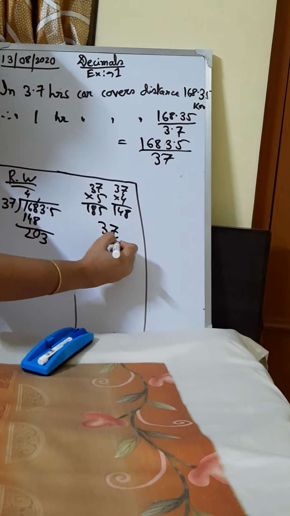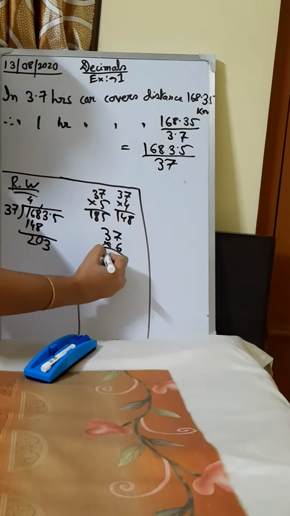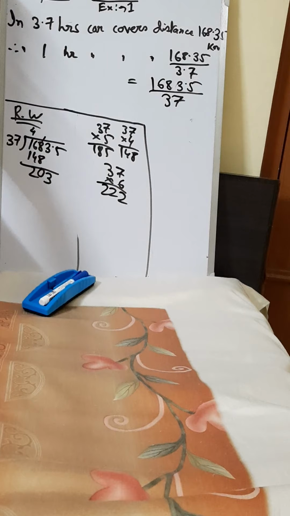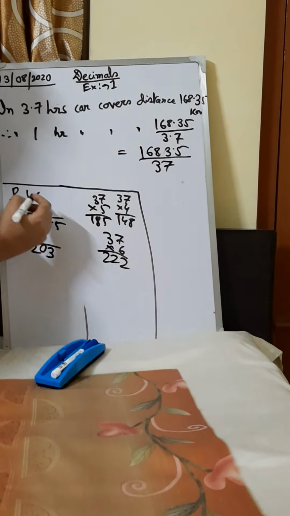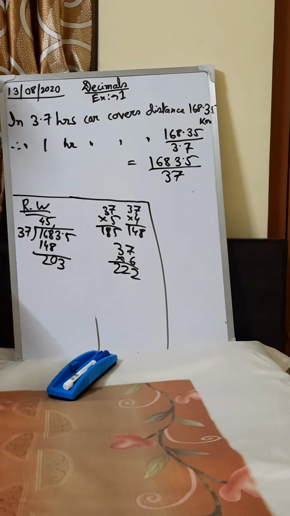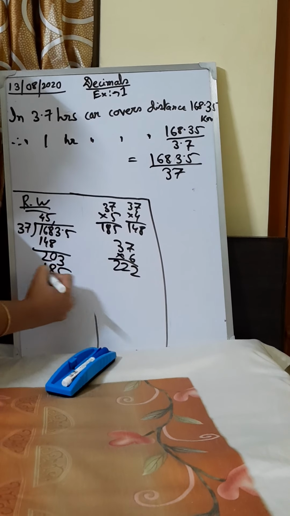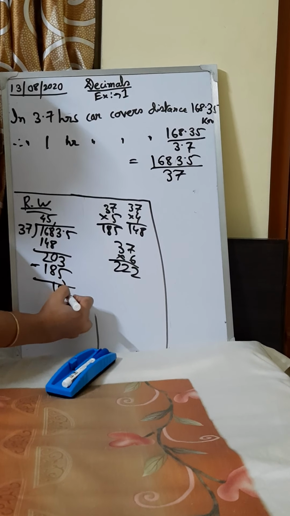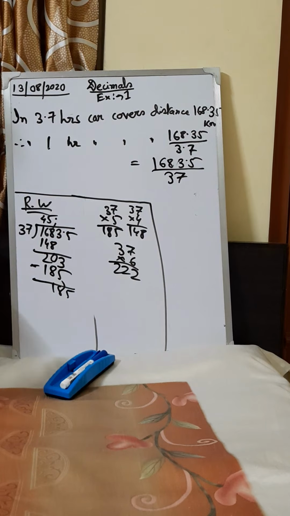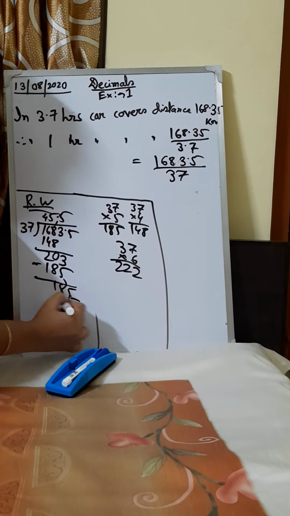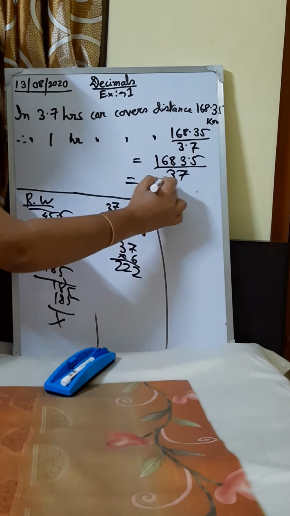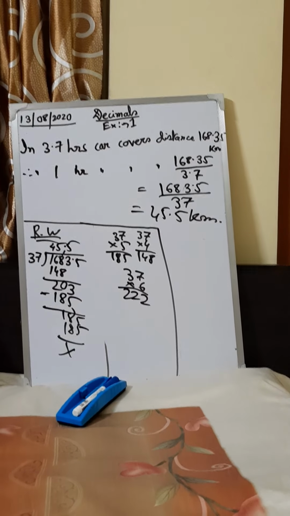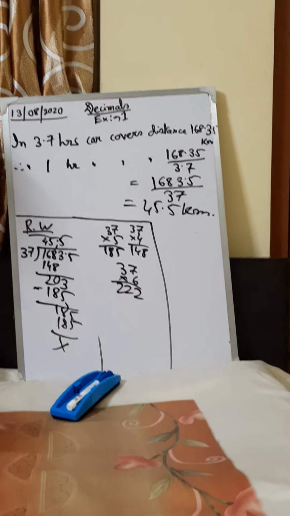So 37 6s are 222, which is greater than 203, so we go with 5. 37 5s are 185. So subtracting, we get 18, and this 5 will come down, and the decimal point is placed here. 37 5s are 185. So the answer is 45.5 kilometers. Got it?